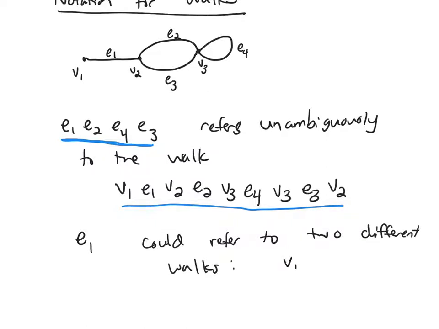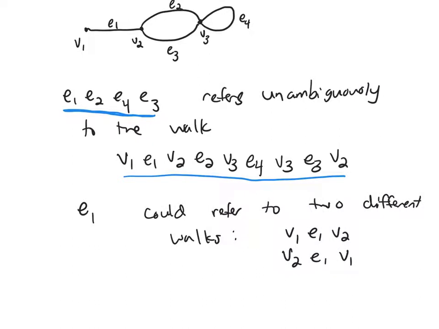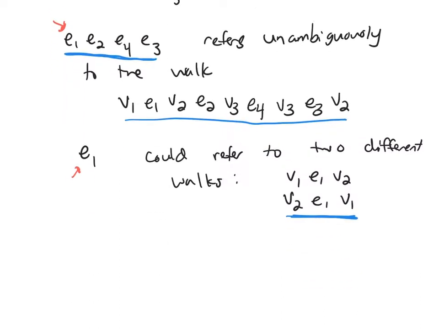It could start at vertex 1 and end at vertex 2, or it could start at vertex 2 and end at vertex 1. So as long as it's unambiguous, we will use this as shorthand notation, but if it is ambiguous like it is here, we would use this expanded out notation.